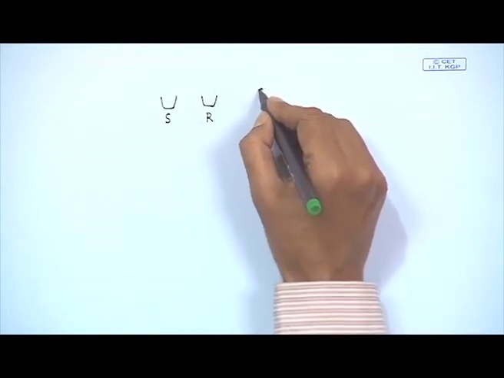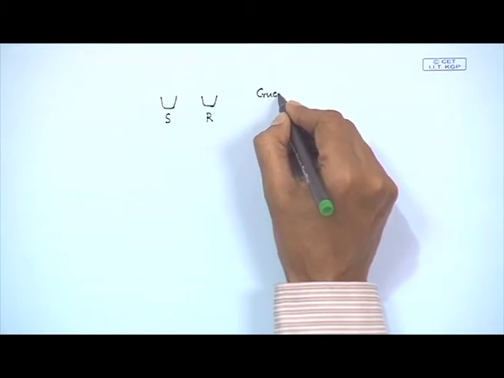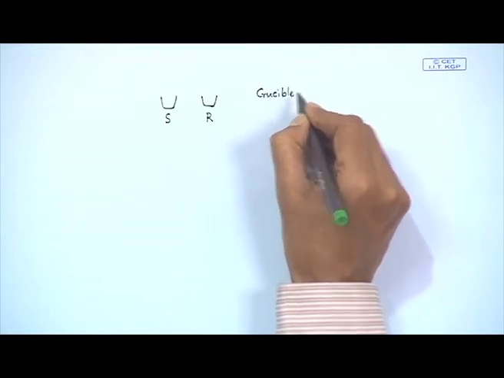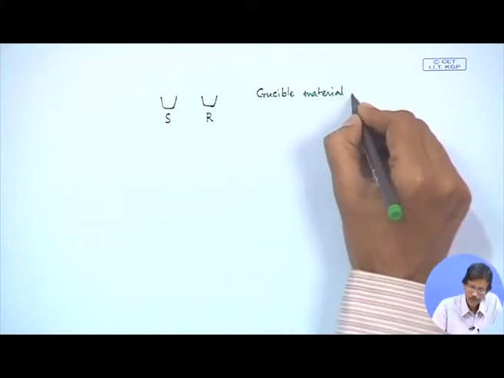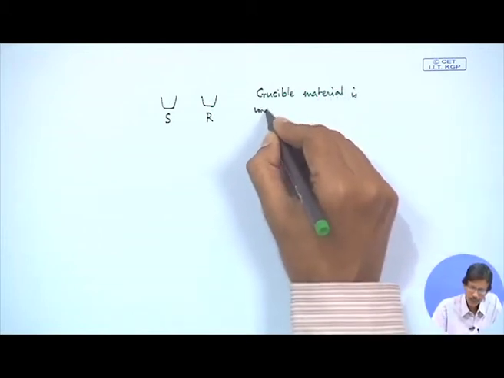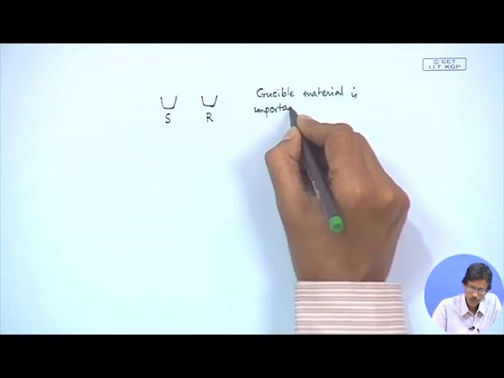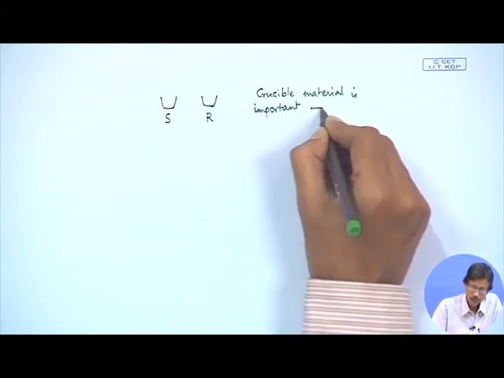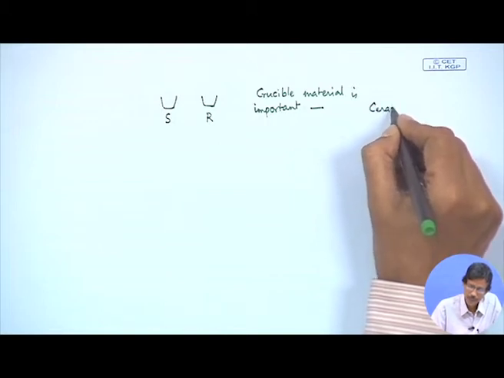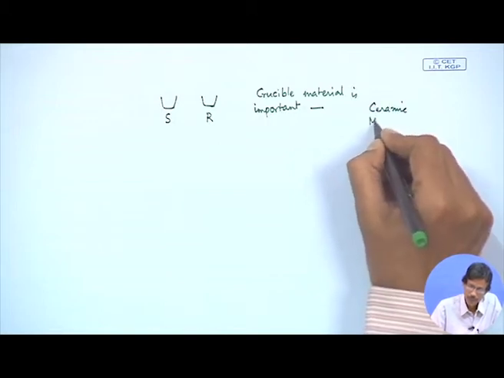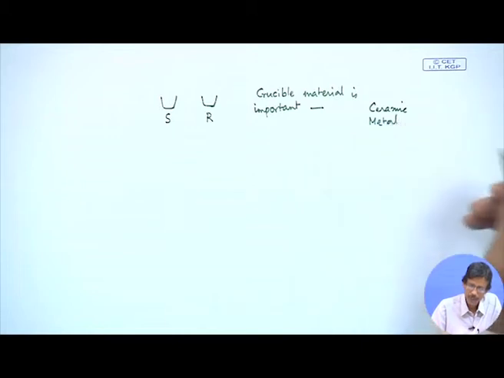So, the crucible material is important. Why so? Because it can be some ceramic type of material, it can be metal containing material, or some other material.